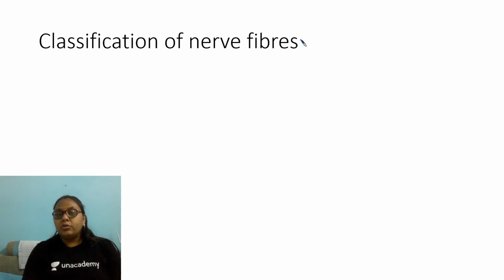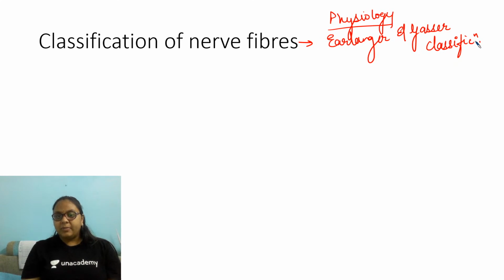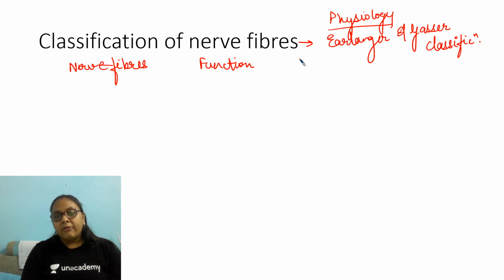See, according to this, you would have read in physiology about the Erlanger and Gasser classification of nerve fibers, depending on the function of the nerve fibers, the diameter of the nerve fibers, and whether they are myelinated or not.